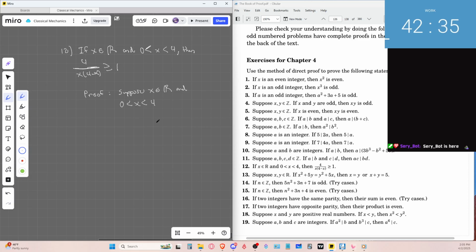So we're given x. Now we have to work with this expression.